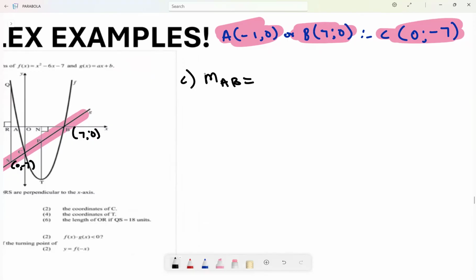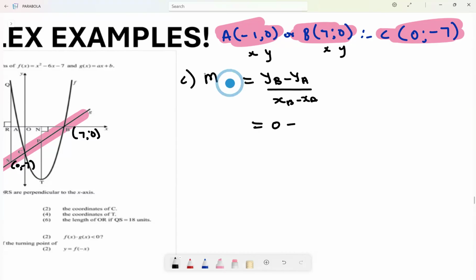Remember the gradient is going to be yb minus ya over xb minus xa.